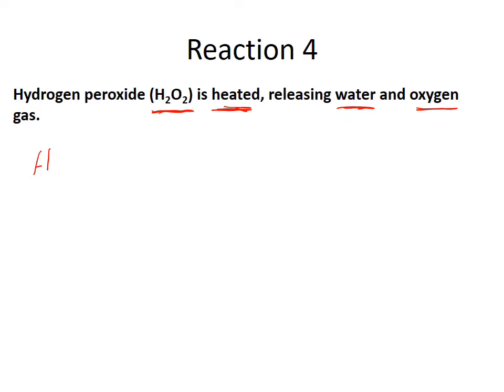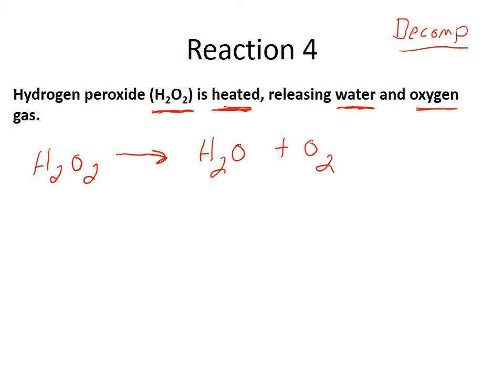So in this one we have H2O2, and when we heat it, the heat is applied here, so it's going to break down into water, H2O, or hydrogen oxide, and oxygen. Oxygen's diatomic, so I need 2. Since we're breaking down, this looks like it's going to be a decomposition reaction. And of course I have to balance this equation.